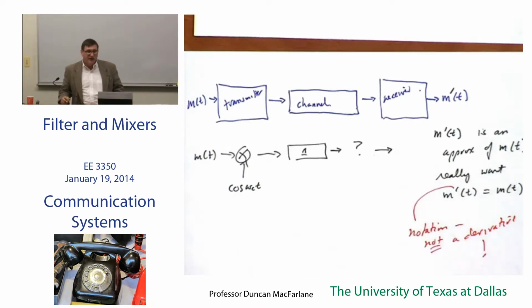We'll propagate down a channel, and because this is our very first foray into that, the channel transfer function will just be 1. So no loss, no phase shifts, no nonlinearities, no nothing. The signal just skates right through.